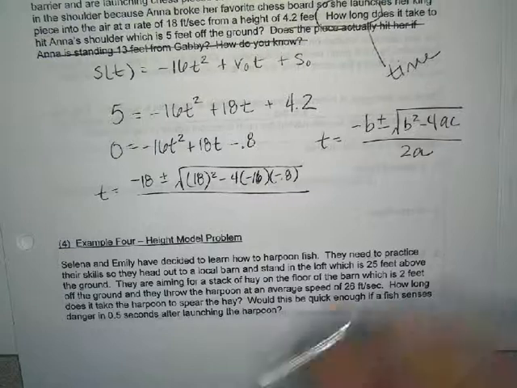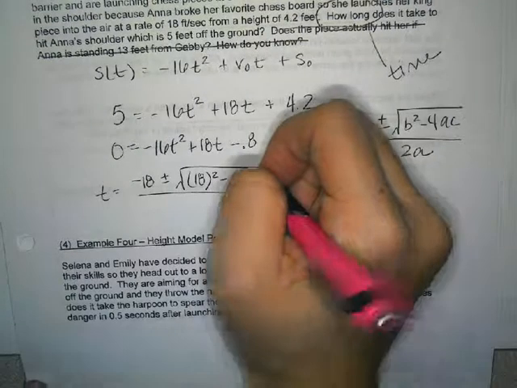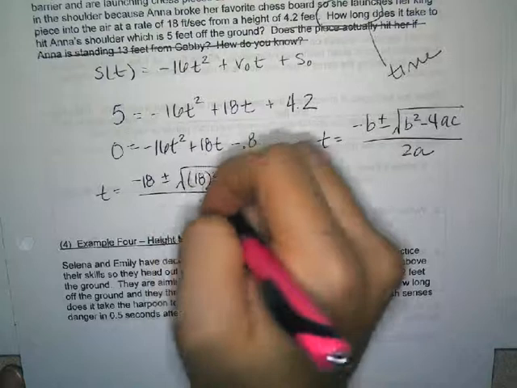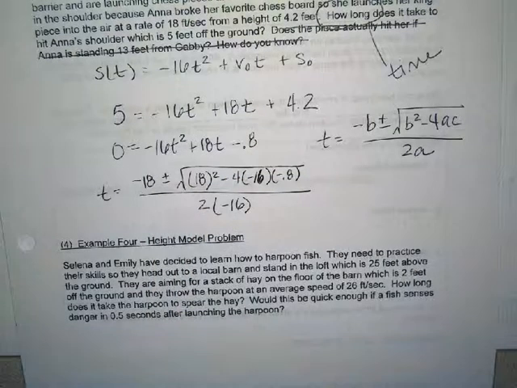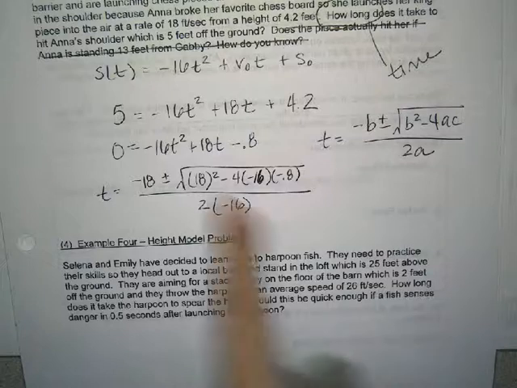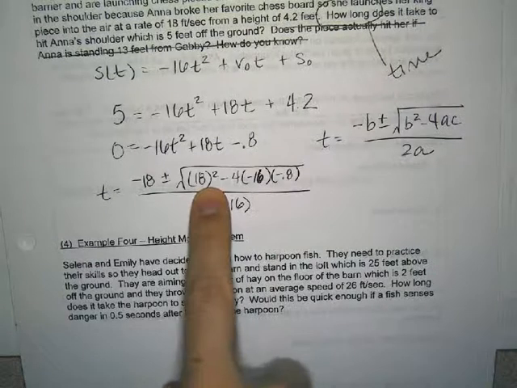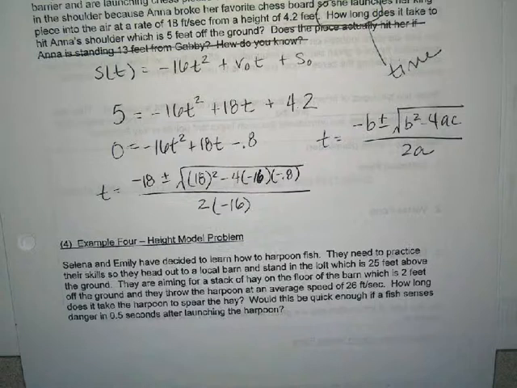And then it's all over 2 times negative 16. Okay. I want you to go ahead and simplify what's underneath there. You're going to get a decimal, but that's okay. But I want to see if everybody can at least get to that point. Simplify what's underneath the radical. There's calculators coming if you need them.